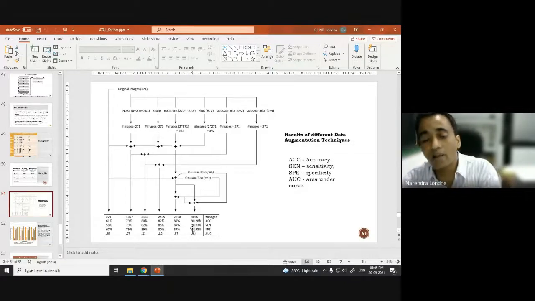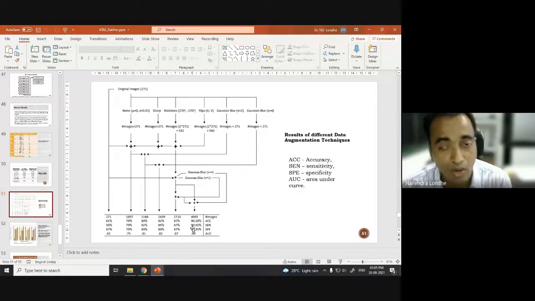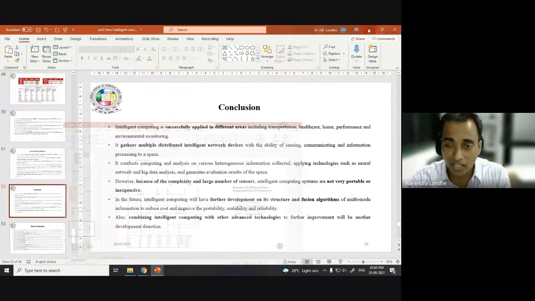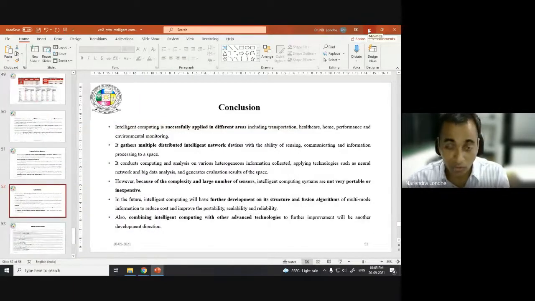After that I found there is no point in increasing the data size because my model's performance is stagnated and constant. At that time I stopped my augmentation.